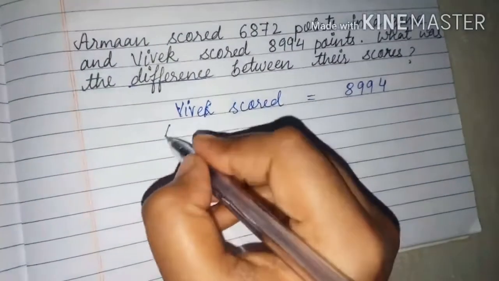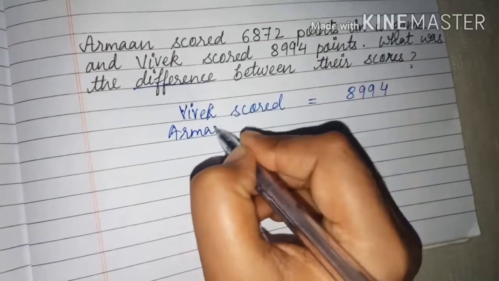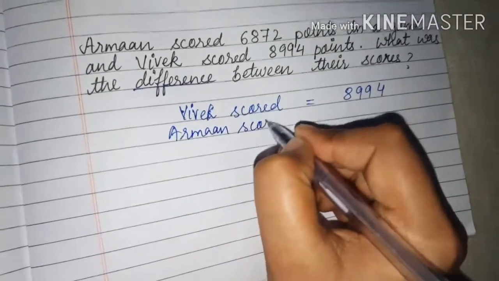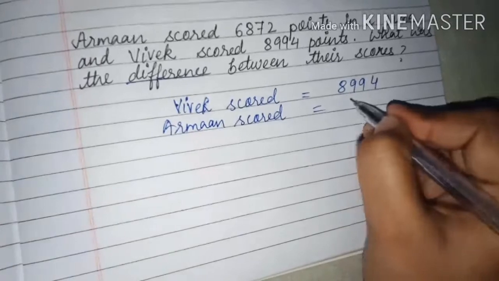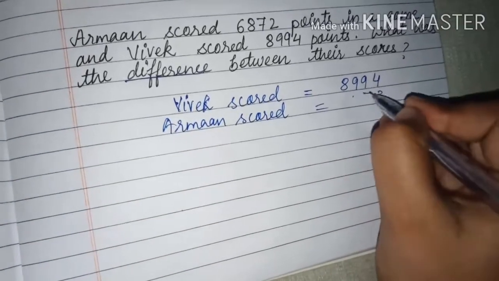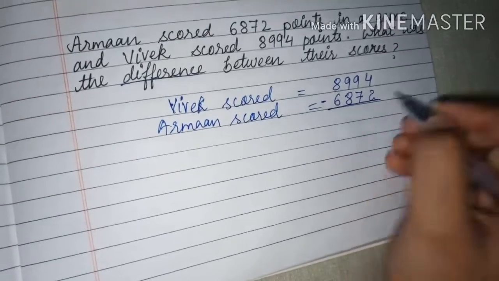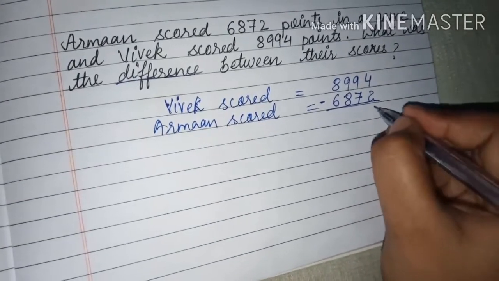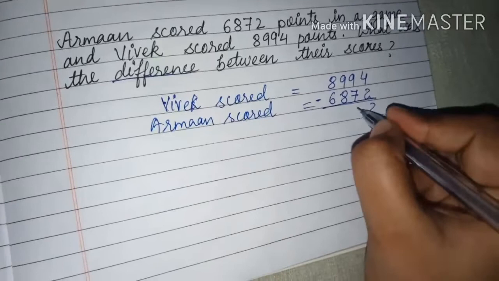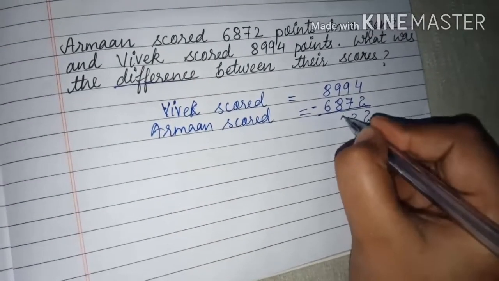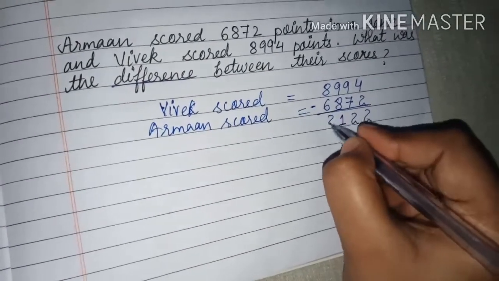It is 8994. And how much did Arman score? Arman scored 6872. You have to write it from the last digit, so that no problem should be there. Let's subtract them. 4 minus 2 will be 2, 9 minus 7 is 2, 9 minus 8 is 1, 8 minus 6 is 2.